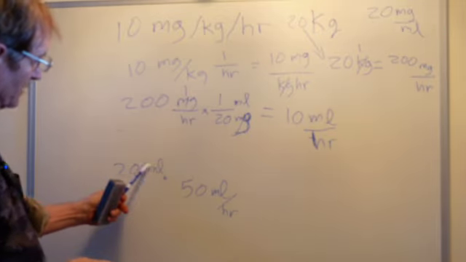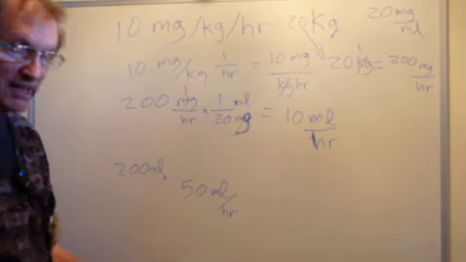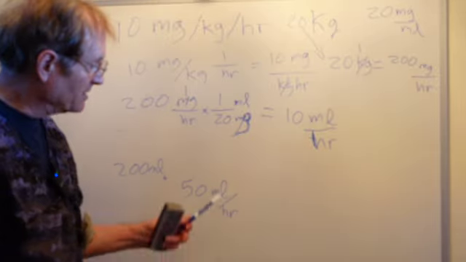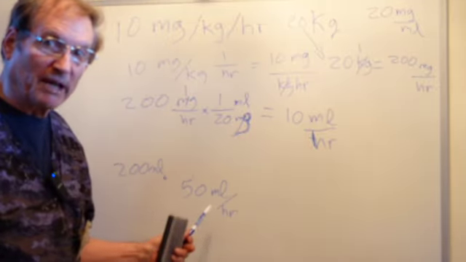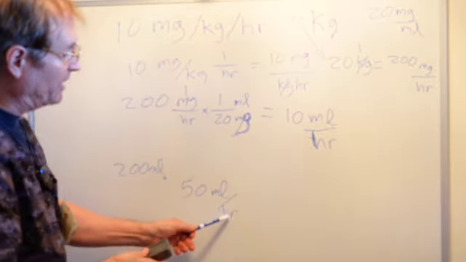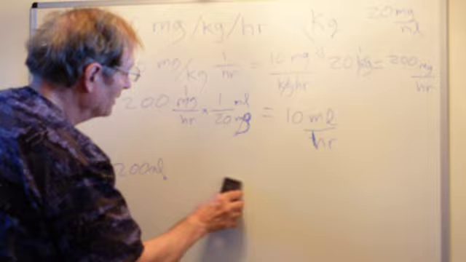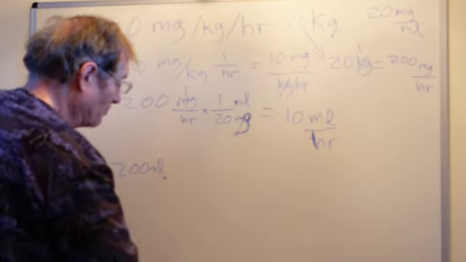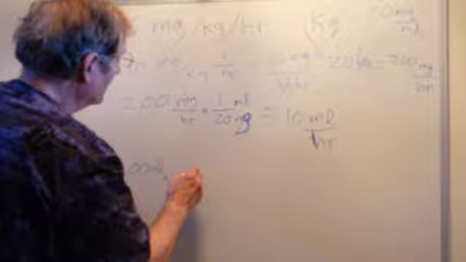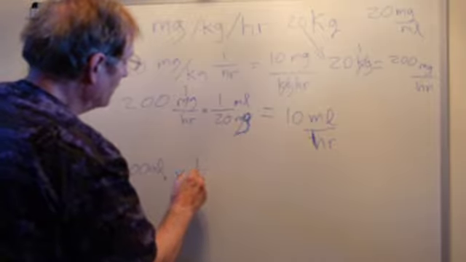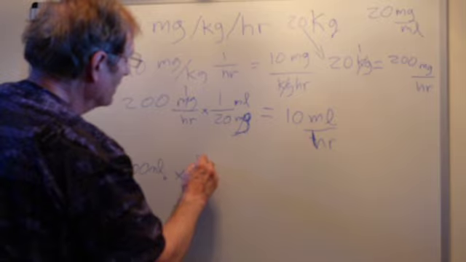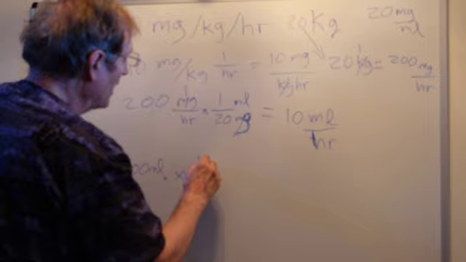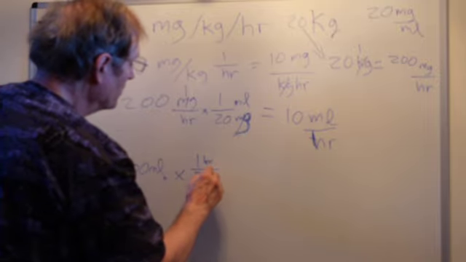I divide this into 200 because hours is on the bottom. I make this the denominator so I can multiply by the reciprocal, and that will bring hours to the top. So we multiply by the reciprocal, 1 over 50 hours per mil.